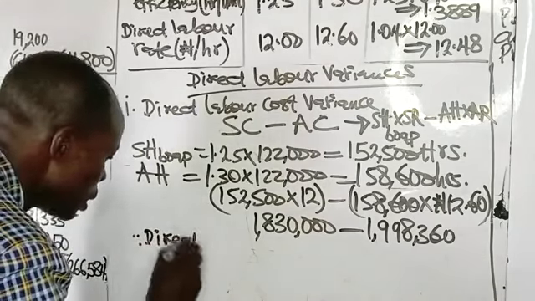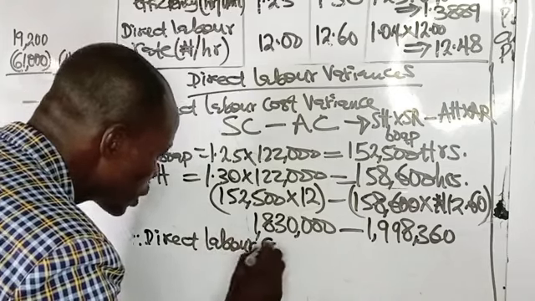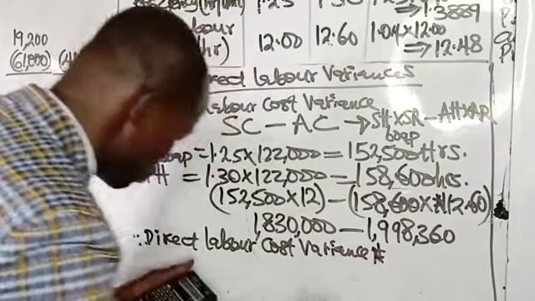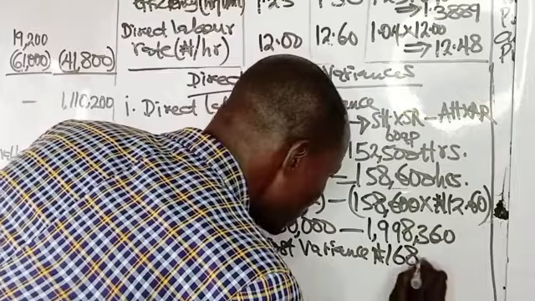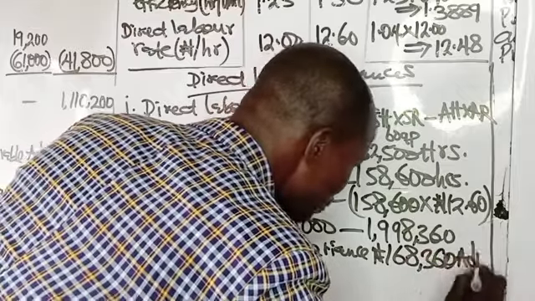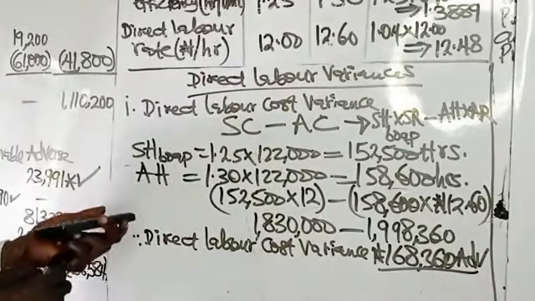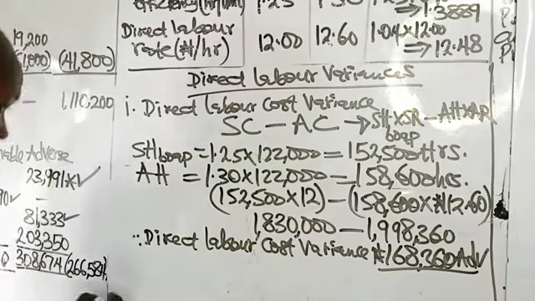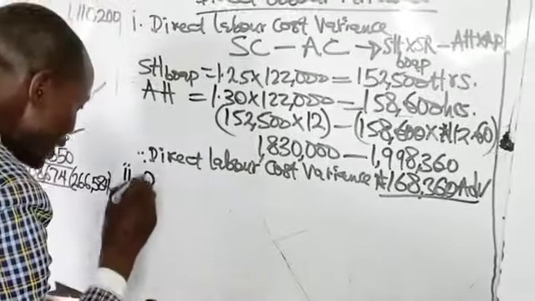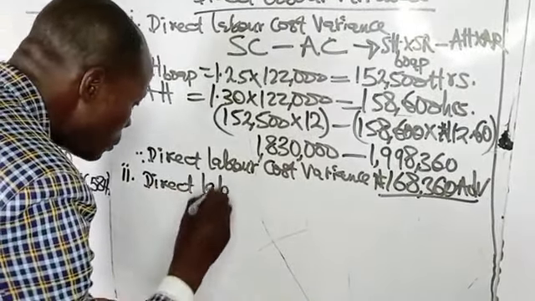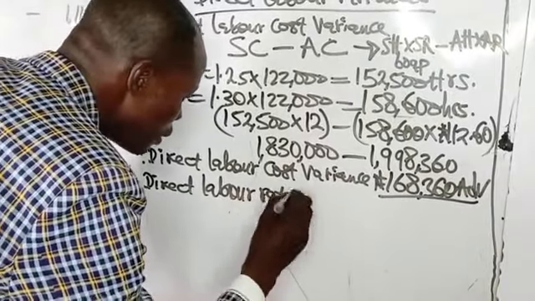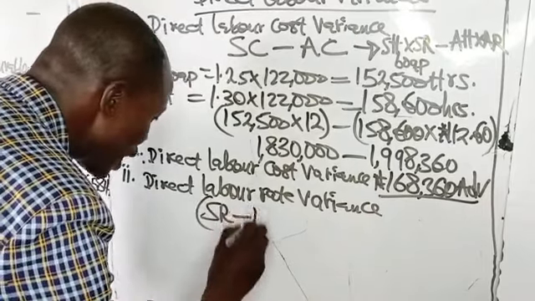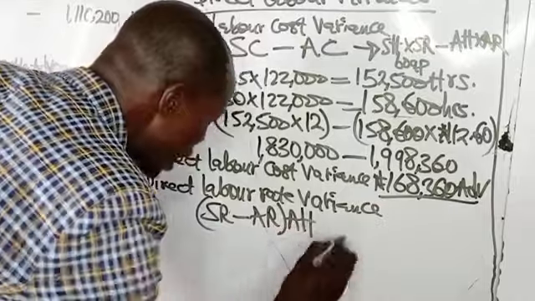Therefore, direct labor cost variance amounted to 168,360 adverse. Remember, direct labor cost variance will be divided into direct labor rate variance and direct labor efficiency variance. Now let's compute direct labor rate variance, which is equal to standard rate minus actual rate multiplied by actual hours.